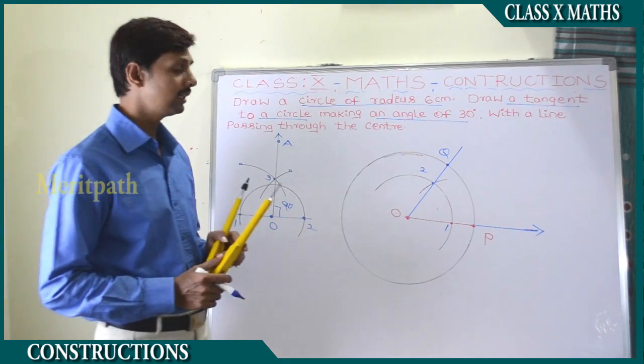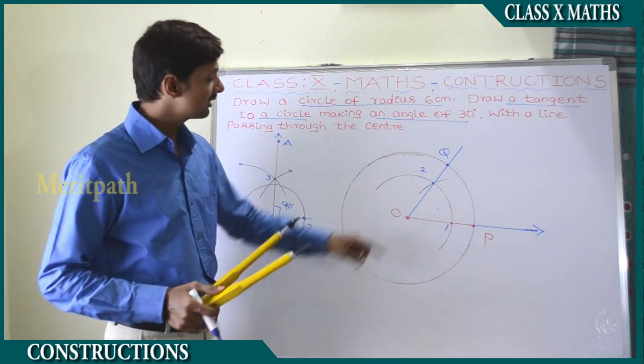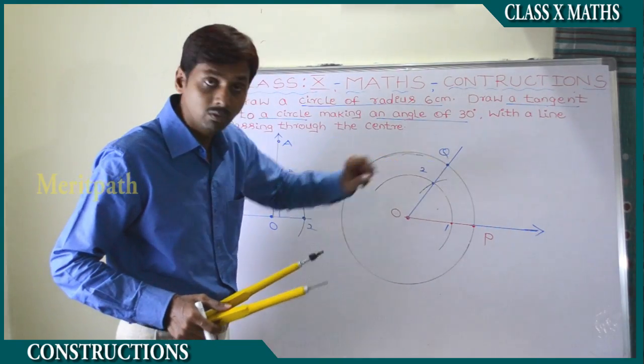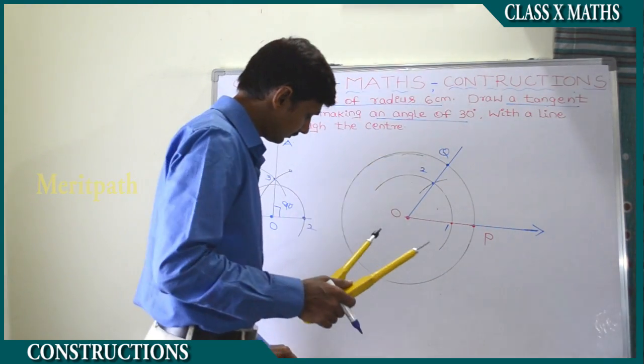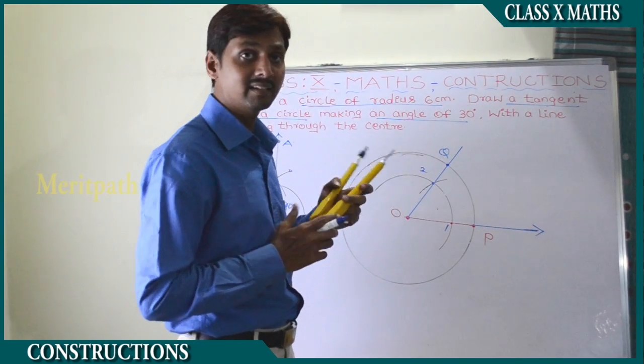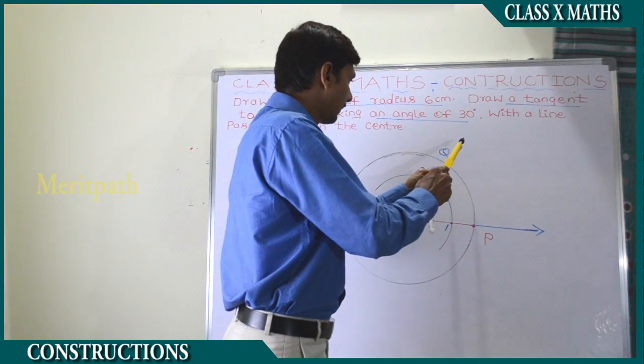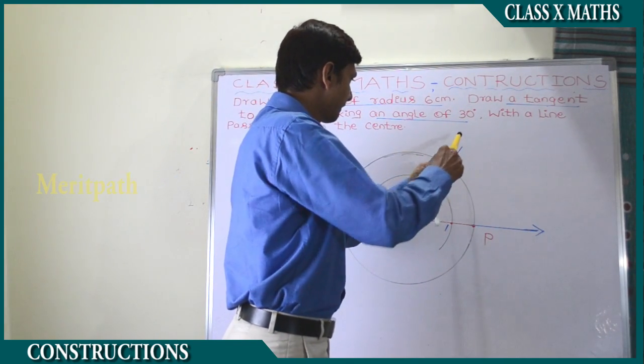So let's construct the same way for OQ. We need to construct a perpendicular line for OQ. Let's draw it. Take some radius here, and use the radius.